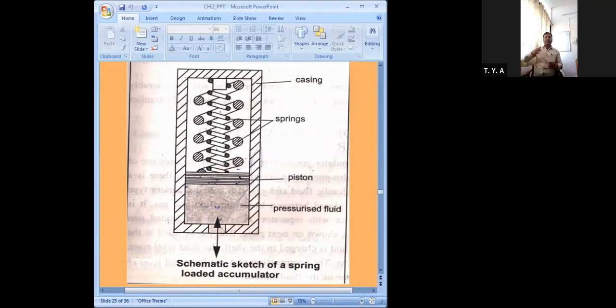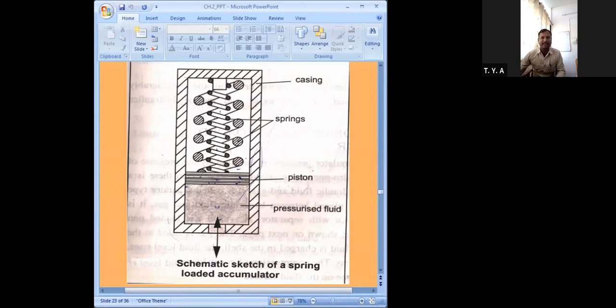Now when your actuator starts, that means when your actuator is going to move, it needs some pressurized fluid to apply the force. That time, from this accumulator, the pressurized fluid is going to come outside and go through your actuator unit.